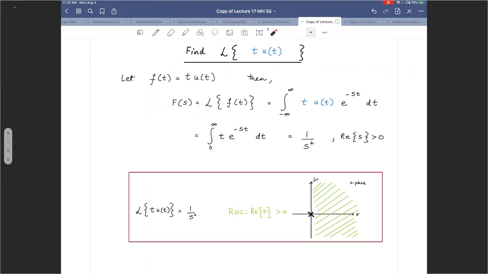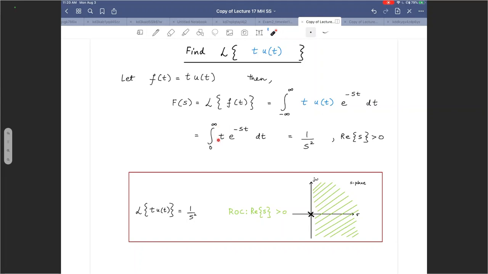Next example, find the Laplace transform of t times u of t. So you have the function in time domain as t times u of t. You plug it in our Laplace integral formula. You have negative infinity to infinity t times u of t e to the minus st dt. There is a u of t, so you can use that to adjust your limits of the integration to be 0 to infinity.